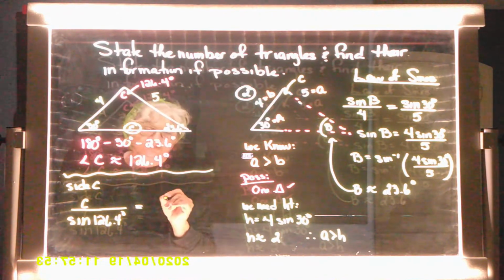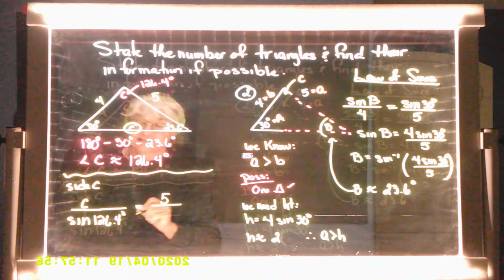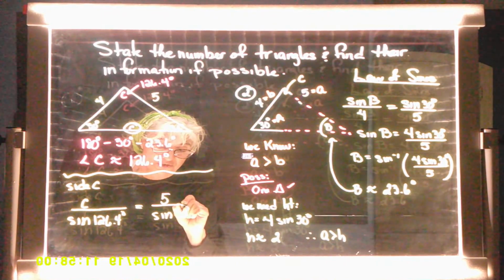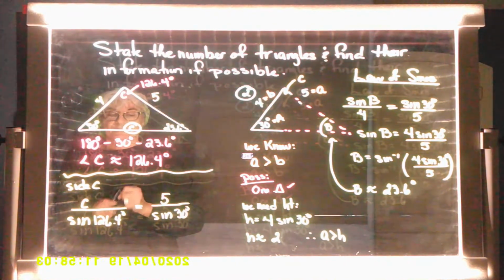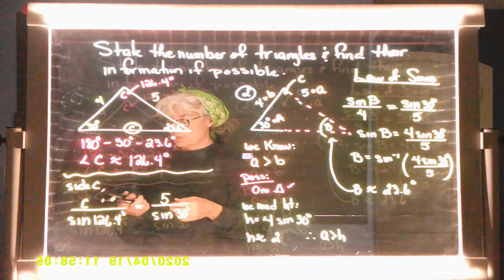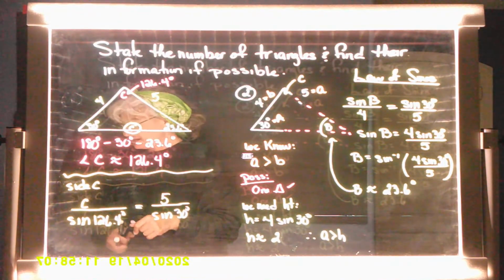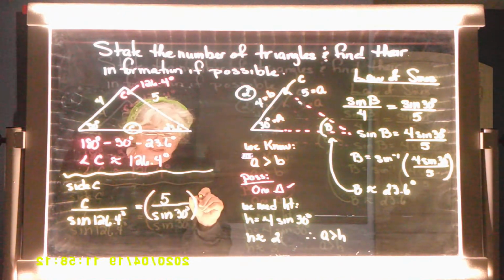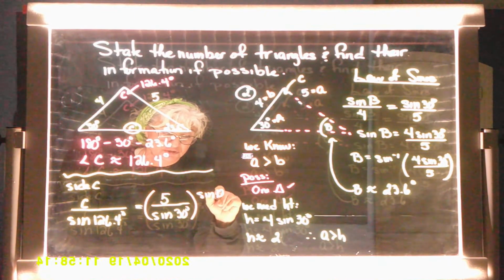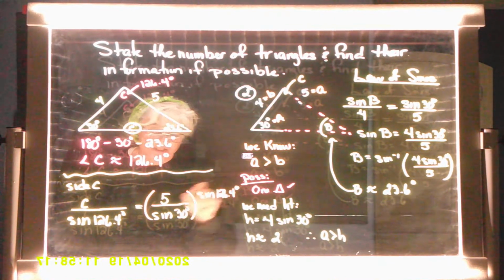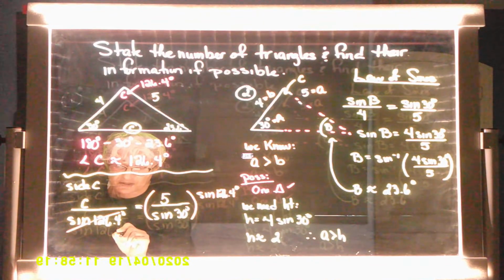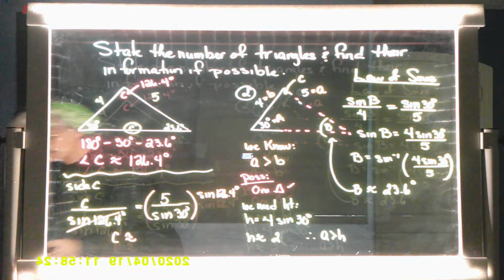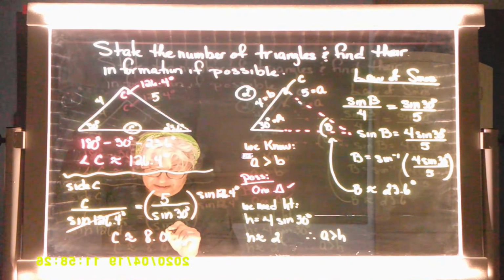I'm just going to go with an original one that I already had. I had 5 over the sine of 30 degrees. Good? Okay. So when I solve for C, I would need to multiply both sides by the sine of 126.4 degrees, wouldn't I? Okay, so C would be approximately equal to 8.05.